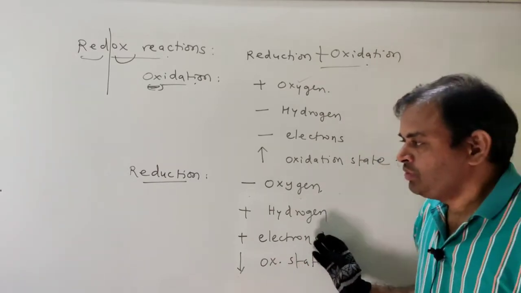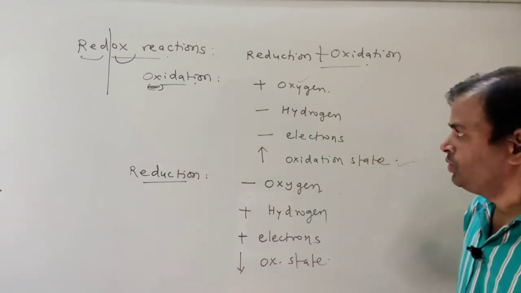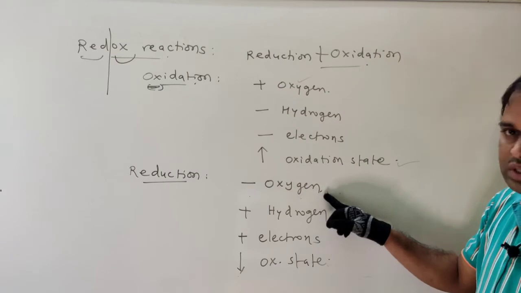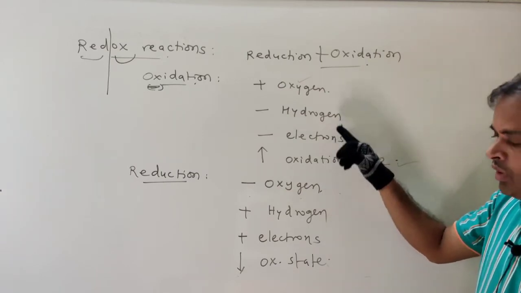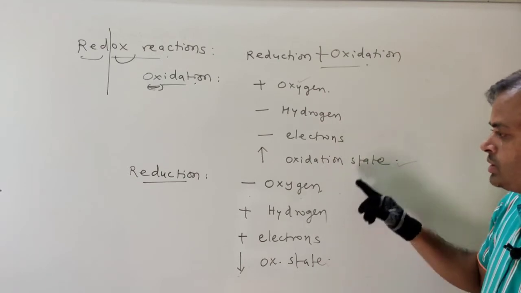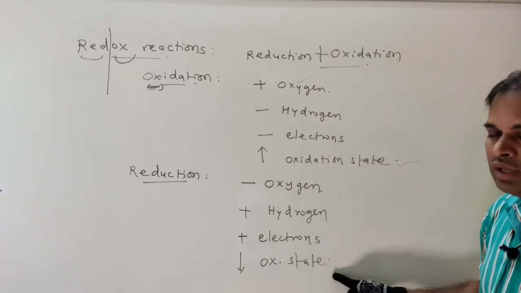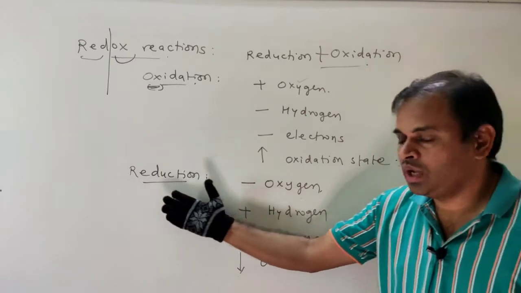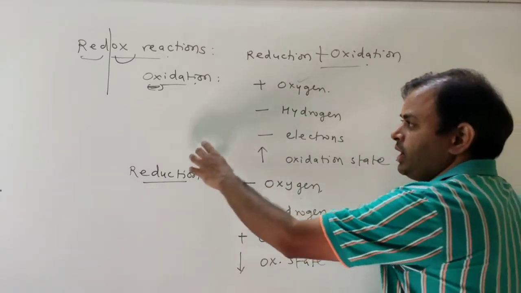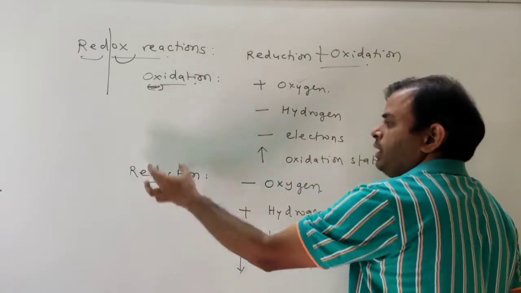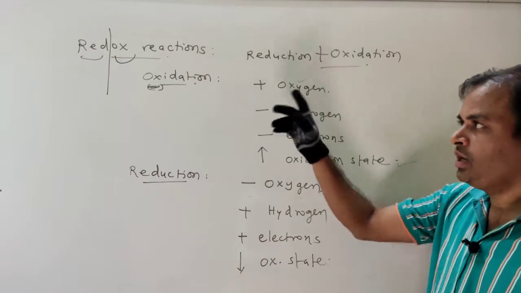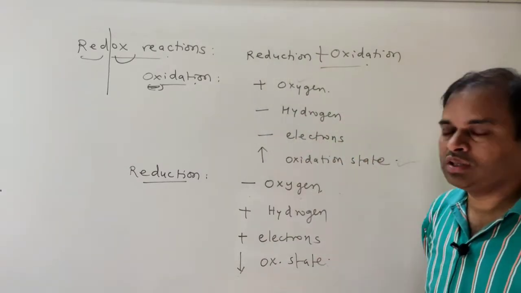In this way we can define reduction. So what is the difference between these two? Addition of oxygen, removal, reverse. Removal of hydrogen, addition of hydrogen; removal of electrons, addition of electrons; increase in oxidation state, decrease in oxidation state. Those reactions are called reduction reactions. The reactions in which both oxidation and reduction occur are said to be redox reactions.